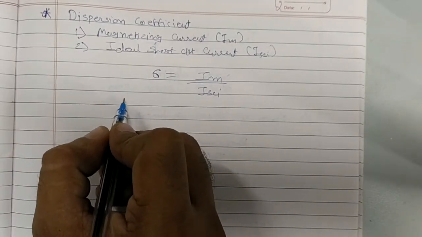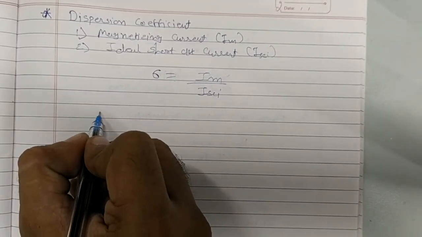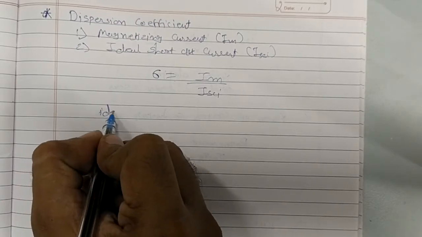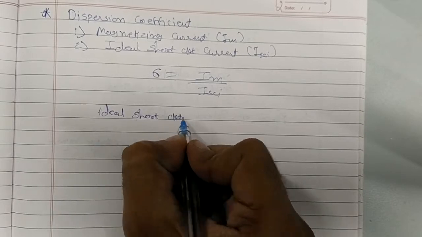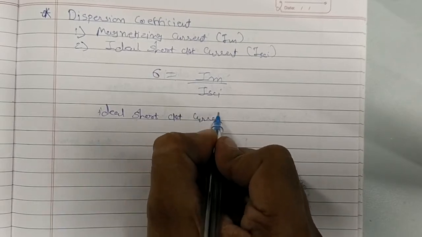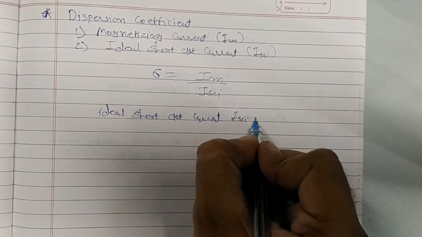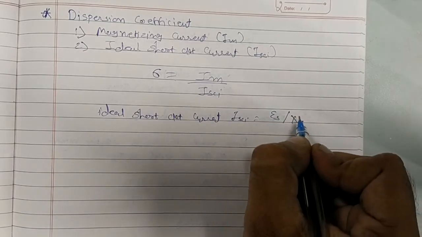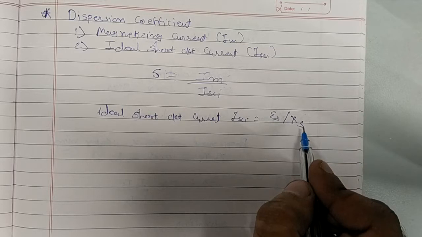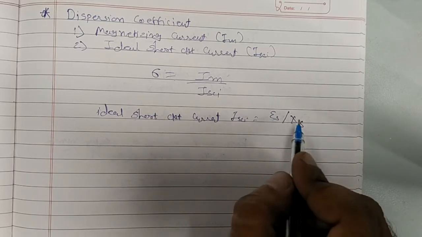If you want to calculate the ideal short circuit current at a given voltage, we can calculate it by one simple equation. The ideal short circuit current ISCI is ES upon XS, where XS is the total leakage reactance of the motor referred to the stator side.